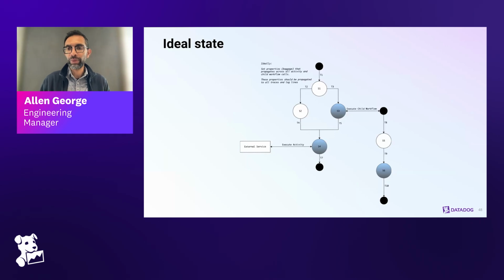One thing I really wish we could do better is to set a single baggage item, for example a Datadog workflow ID, at the start of all of our workflows in Temporal, and have this baggage item automatically propagated across child workflow executions, signals, and activity calls, so that we can trace this flow through our system.